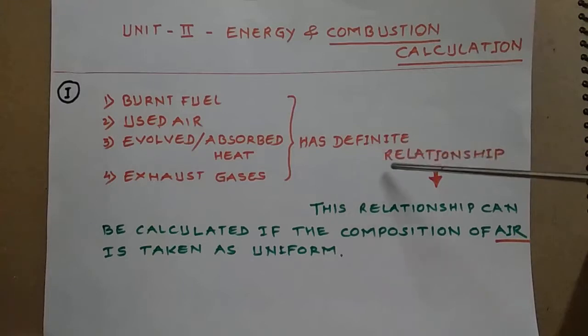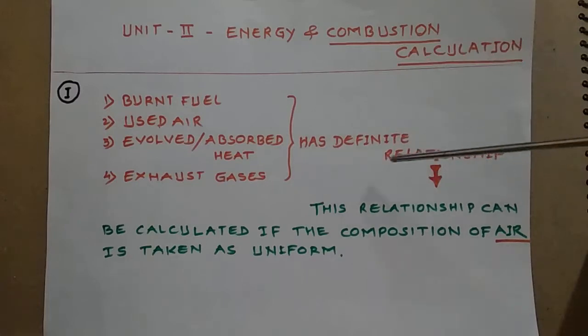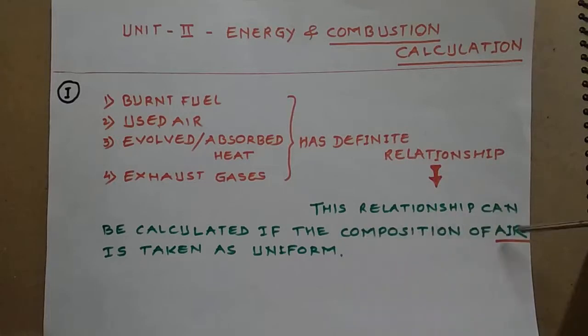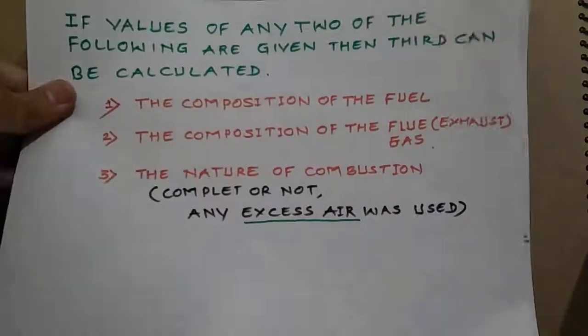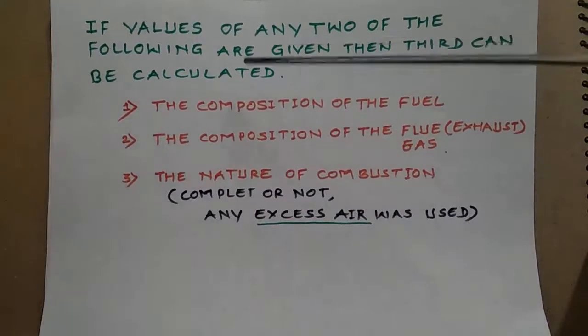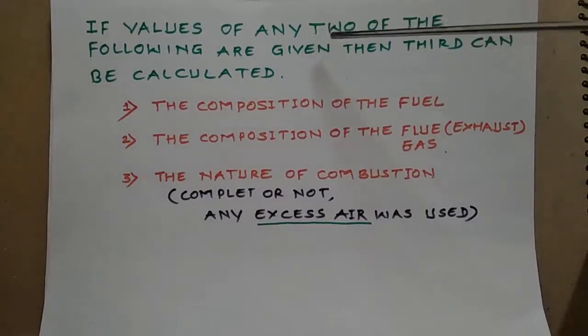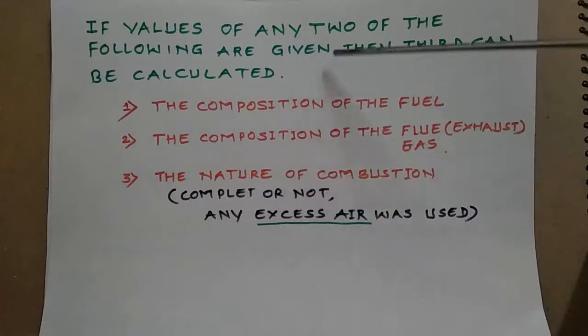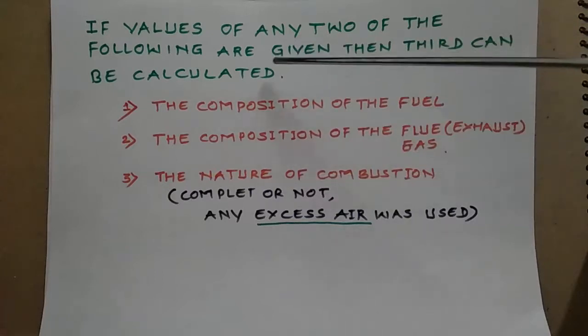So there is a definite relationship between all these four, and this relationship can be calculated if the composition of air is taken as uniform or constant. So if values of any two of these three are given, then the third can be calculated.